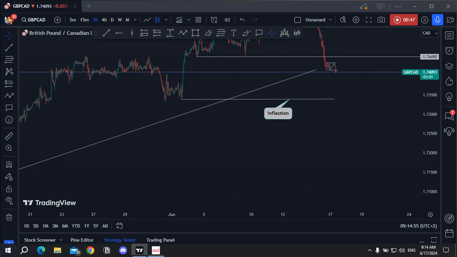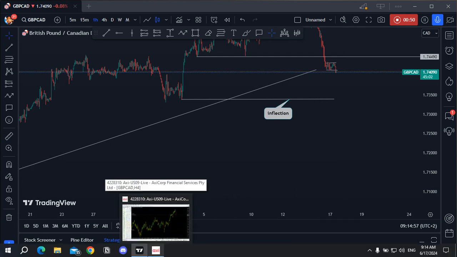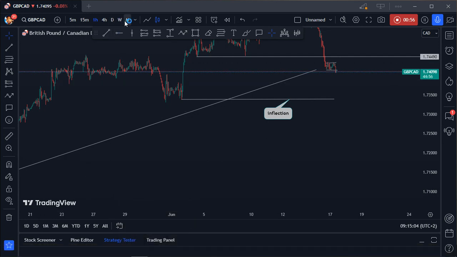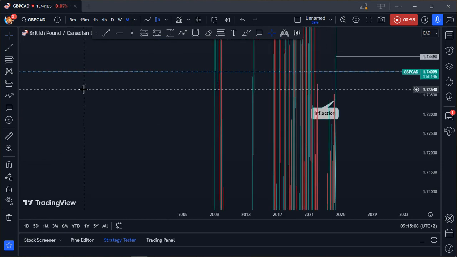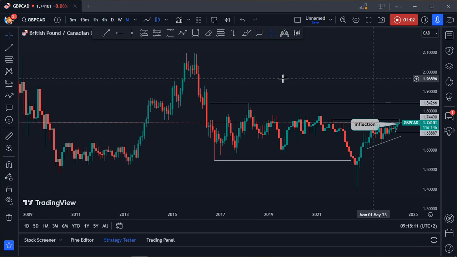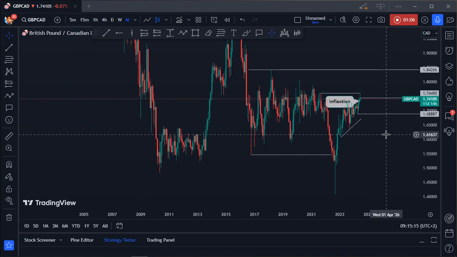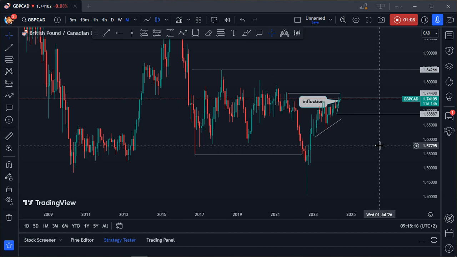I'm going to start from the monthly and show you how I'm going to be scanning the markets. On these higher time frames, I'm marking or highlighting my highs and lows.